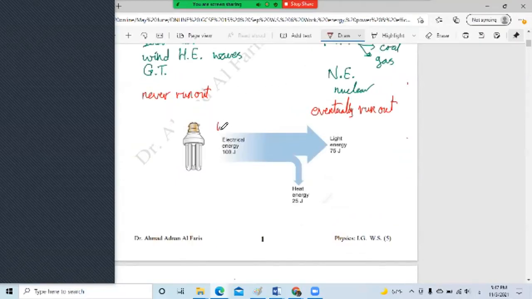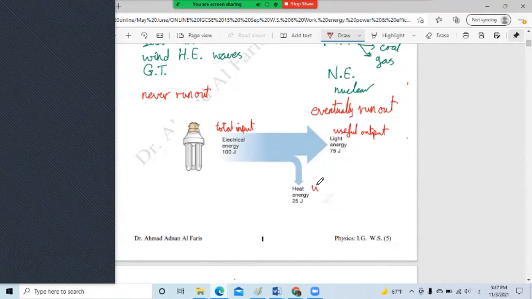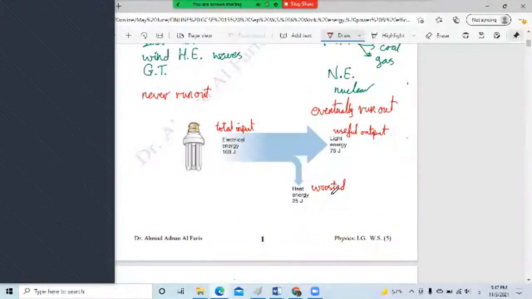So this is the total input. And this is the useful energy. I need the lamp to make light, useful output. And this is the wasted, unuseful output.